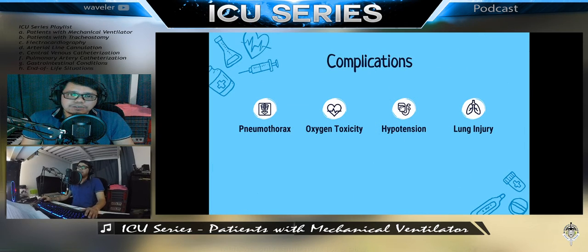So what are the complications of mechanical ventilation, especially invasive mechanical ventilation? As we know, we are introducing positive pressure to the lungs, so sometimes it can cause pneumothorax, or air trapped inside the thoracic cavity. How does it happen?